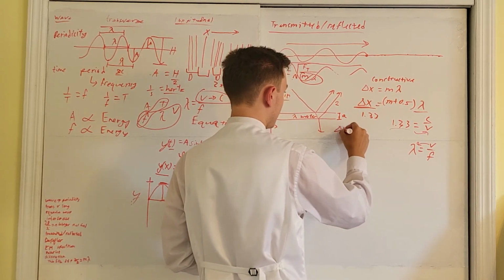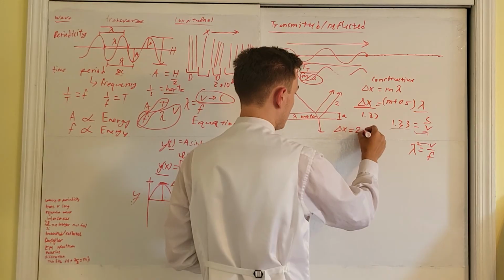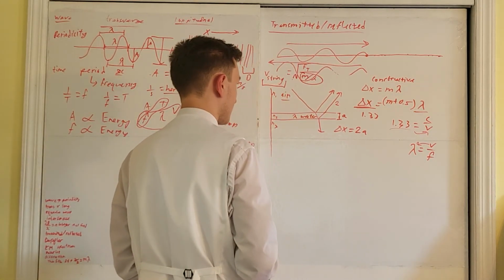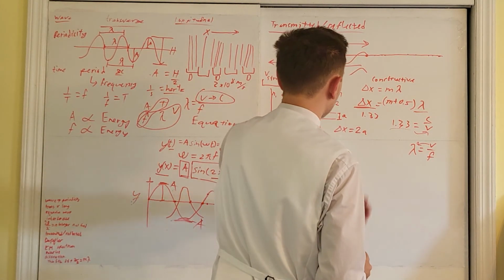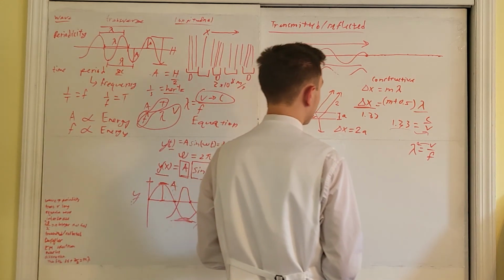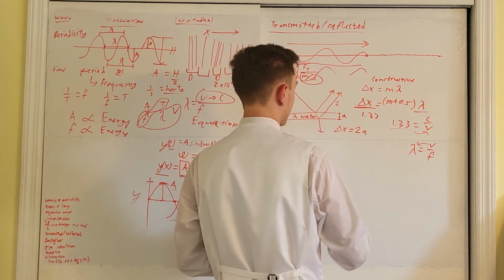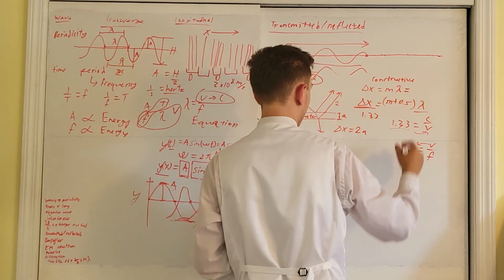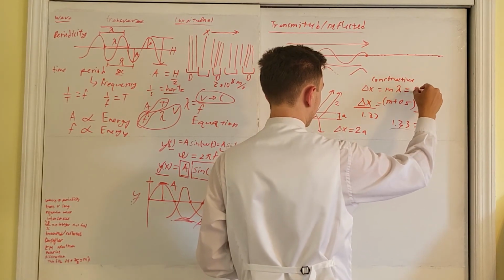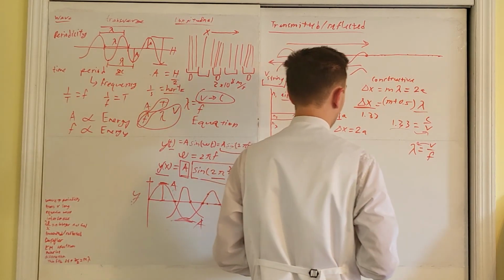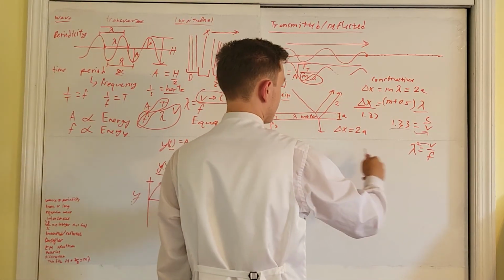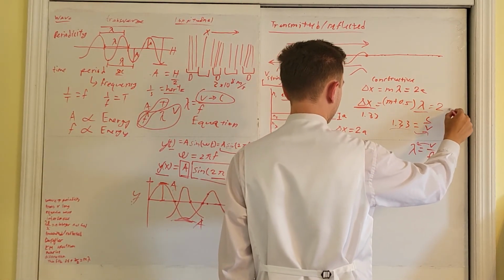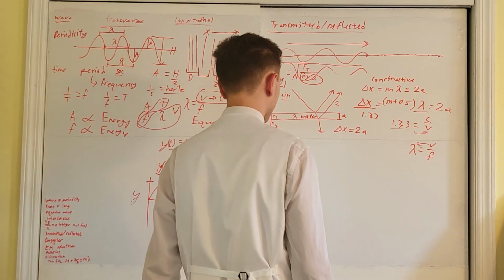So it's traveling a distance of 2a as it comes back out. So now we can say that in order for there to be constructive interference, there must be a constant multiple times lambda equal to 2 times the thickness of our film, and the same condition for destructive interference. All right?